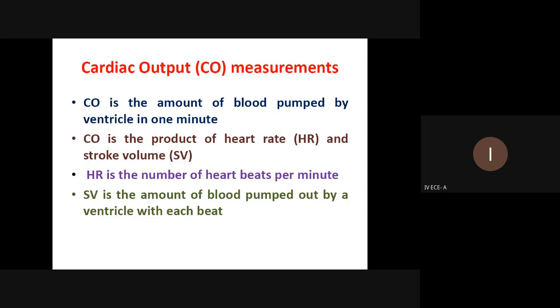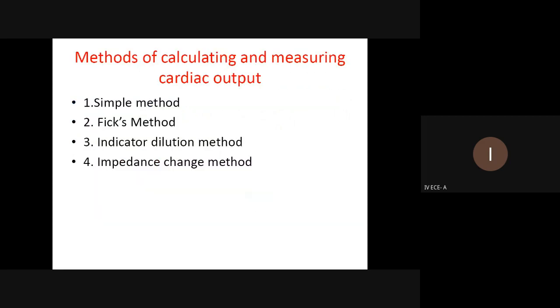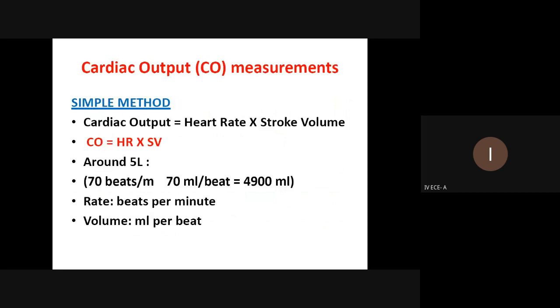Cardiac output is the amount of blood pumped by the ventricle in 1 minute. So what are the methods for cardiac output determination? The simple method, the Fick method, the indicator dilution method, and the impedance change method. These are the four methods. In the simple method, we just calculate the cardiac output as heart rate times stroke volume.